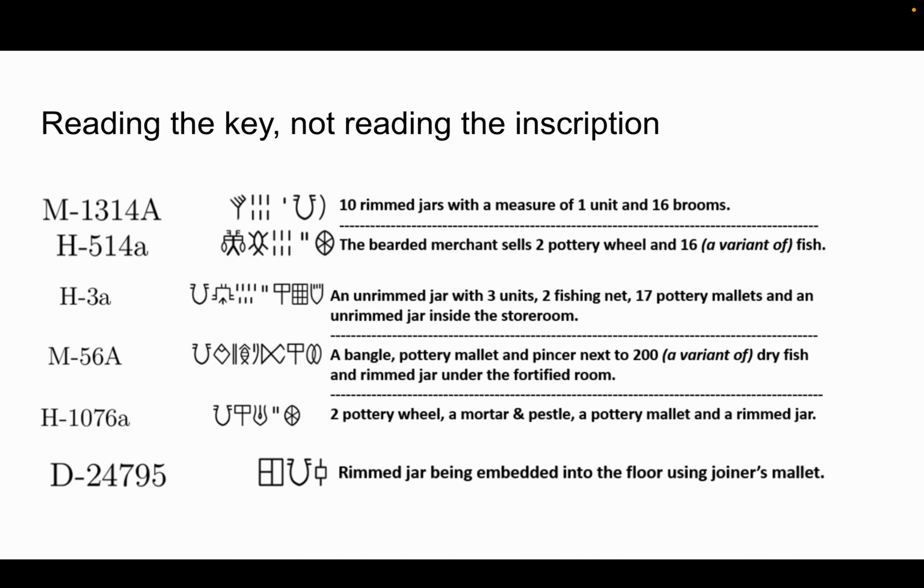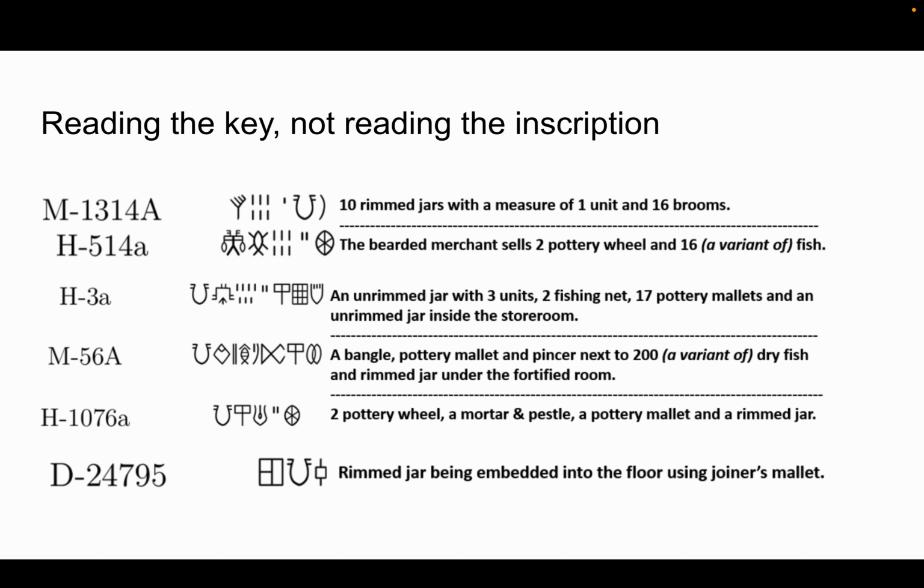This is another one where it is purely logographic. Every symbol has a word, and you just try to read that as a sentence. And again, these don't make sense because you don't expect these words next to each other. So for example, bearded merchant sells 2 pottery wheels and 16 fish. It's a good question. Why? What happens if someone wants to buy 20 fish?